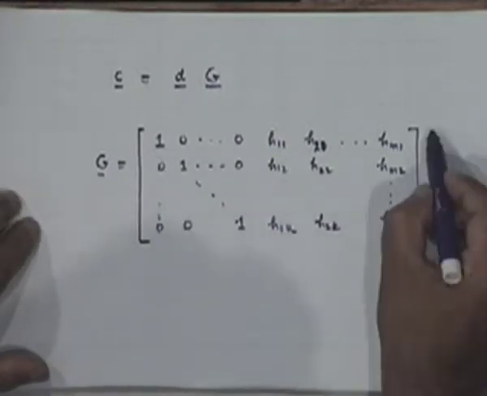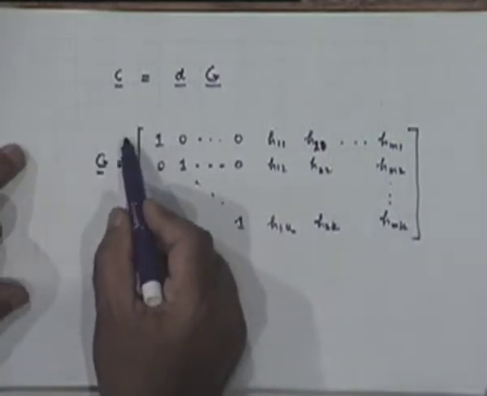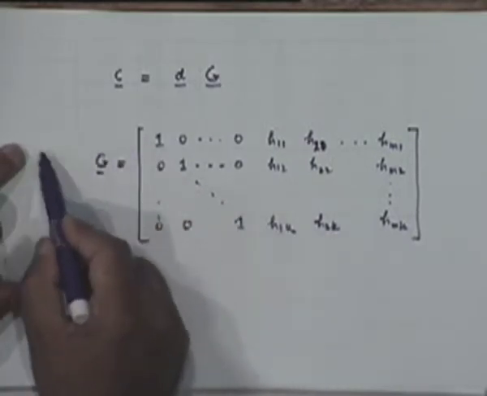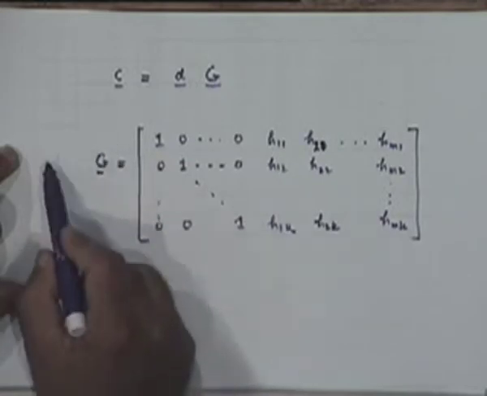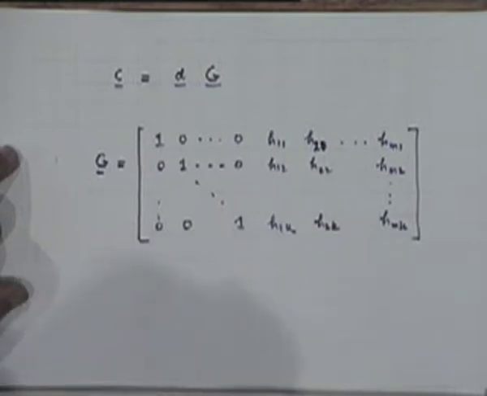Because imagine you have a row vector in front of it, that is D1 to Dk. C1 is equal to D1, C2 equal to D2, C3 is equal to D3, right?